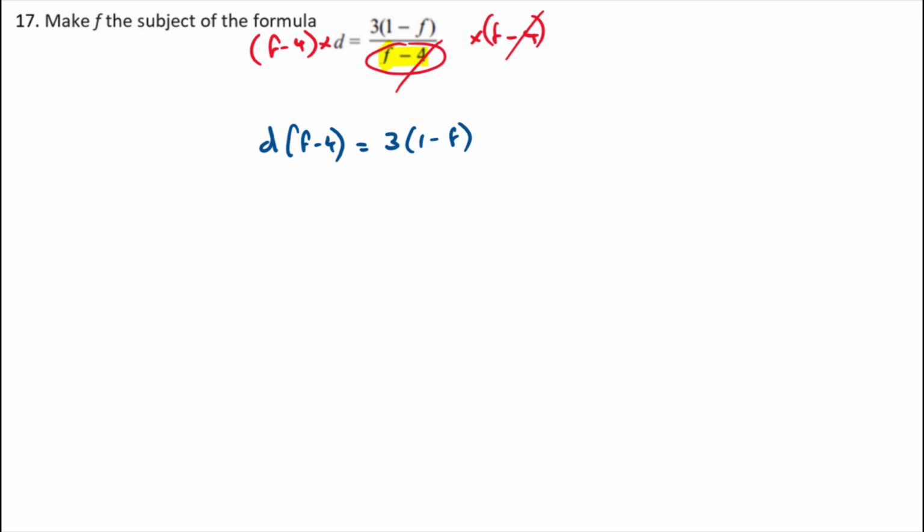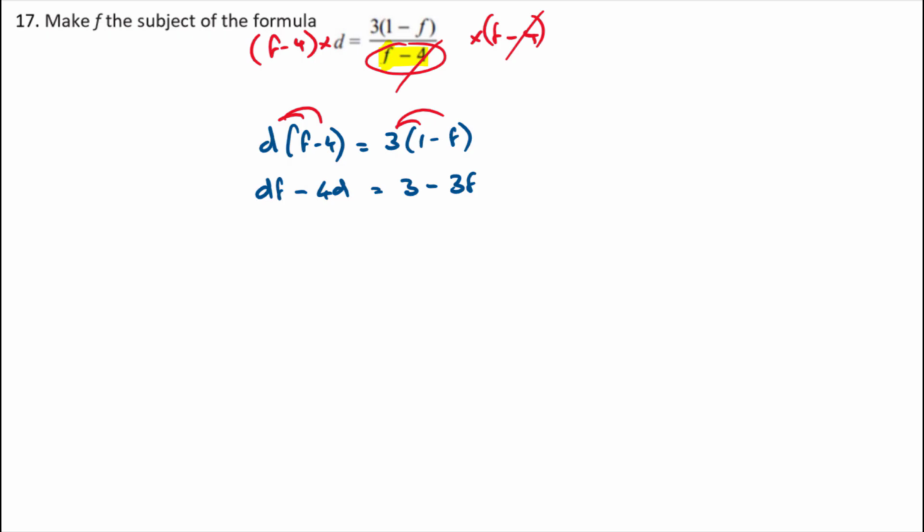Okay, now multiplying out the brackets, that's going to give me df minus 4d is equal to 3 minus 3f.